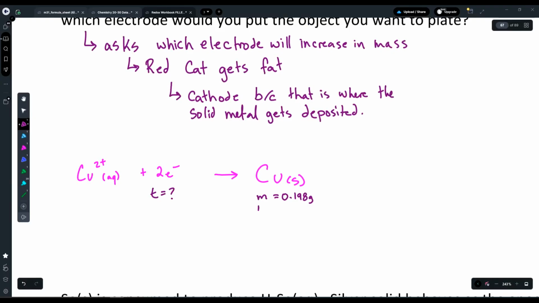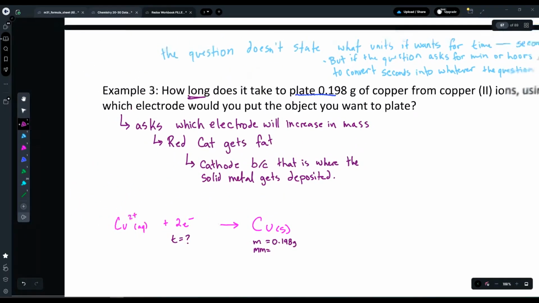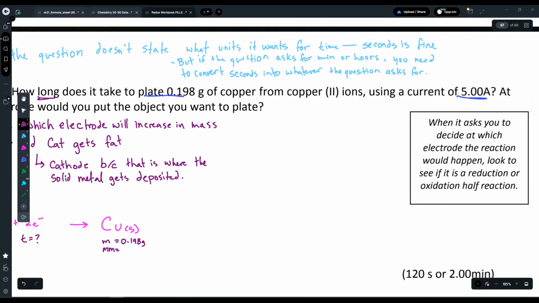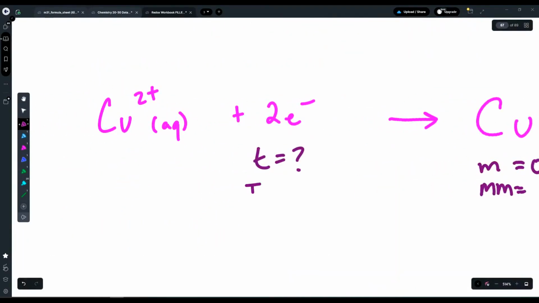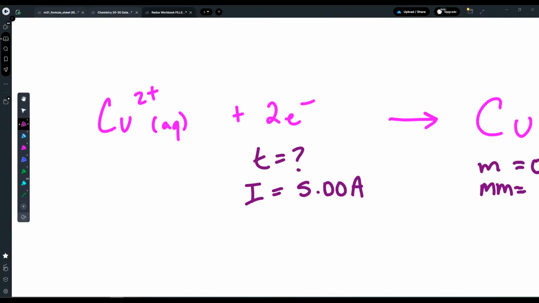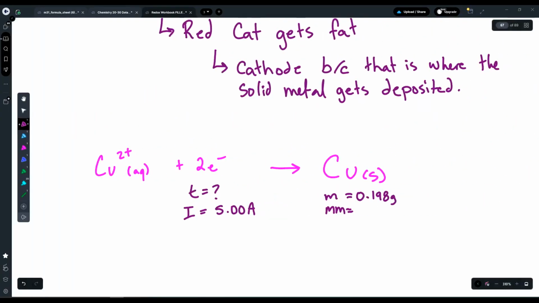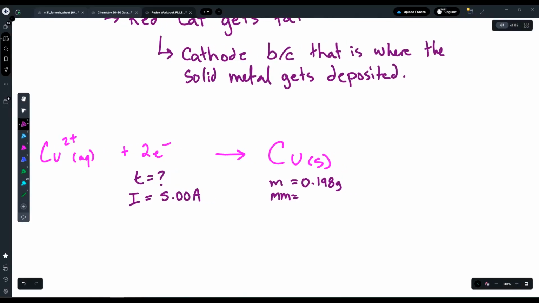Whenever we have mass, we're going to want to figure out the molar mass of that. I'll do that in a second. I just want to get the 5 amps done first. That's current. Amps or coulombs per second are equivalent units. So 5 amps, or we could say 5 coulombs per second.